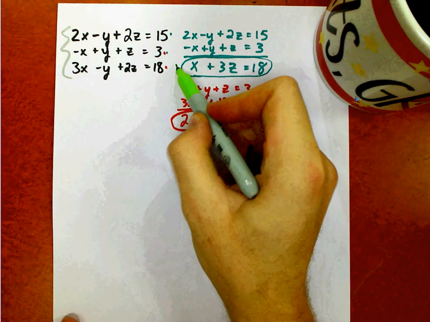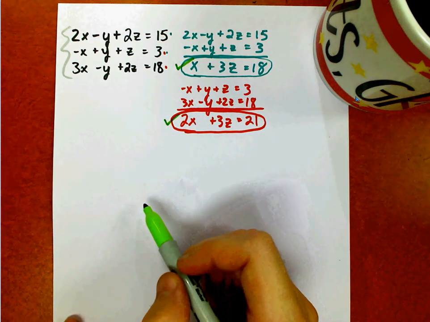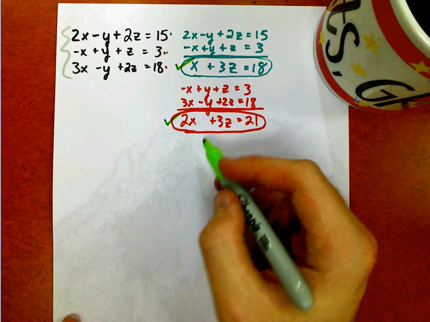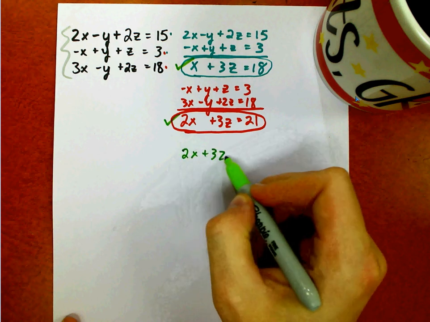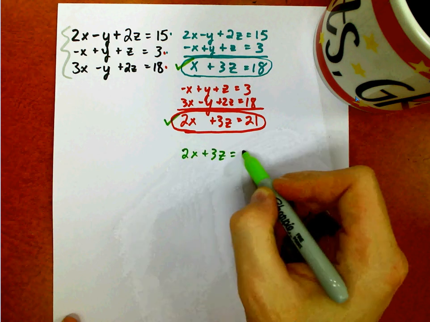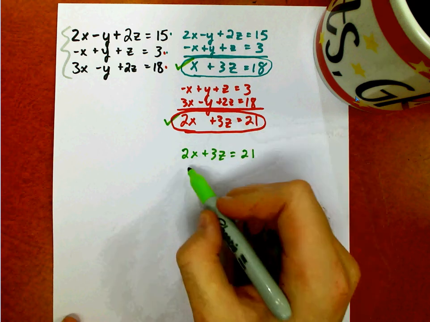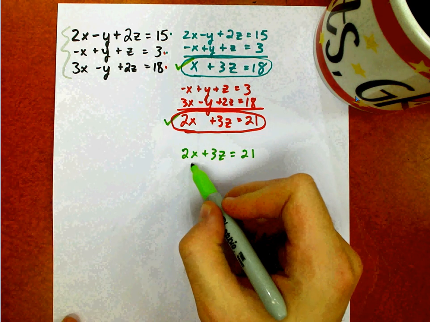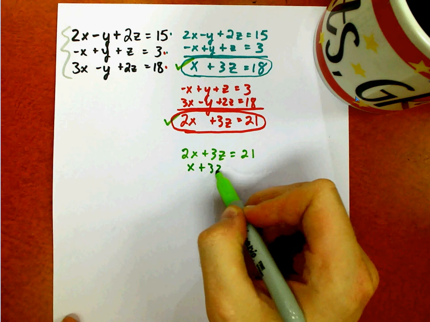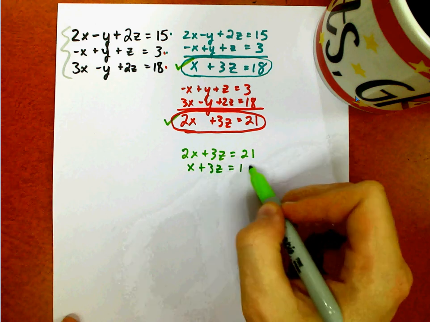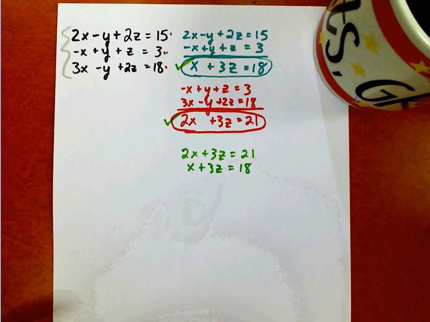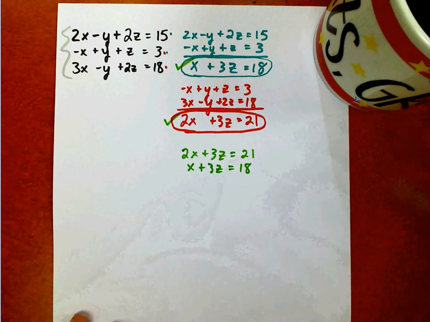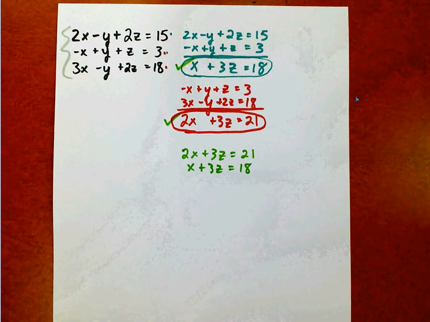Well, now I'm going to use those 2 equations. I'm going to say that one and that one are going to be vitally important. So I'm going to use 2x plus 3z equals 21, and the top one up here, x plus 3z is equal to 18. So you might be wondering which variable you want to solve for here.